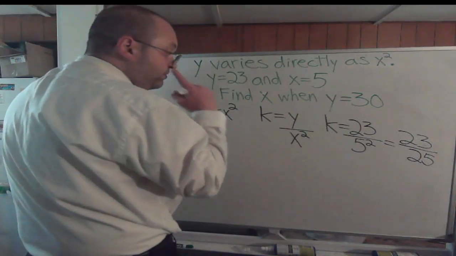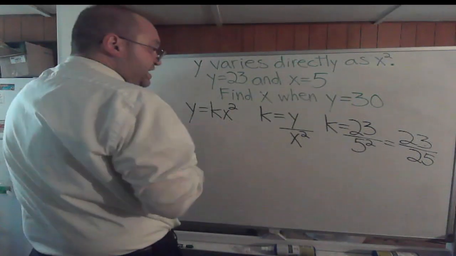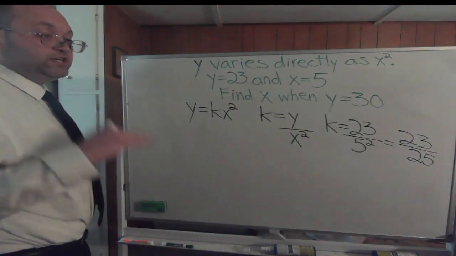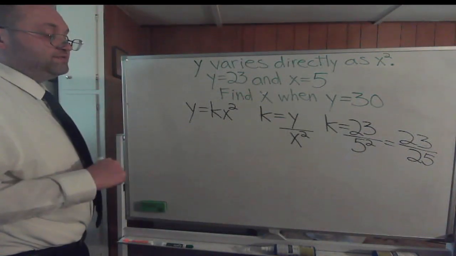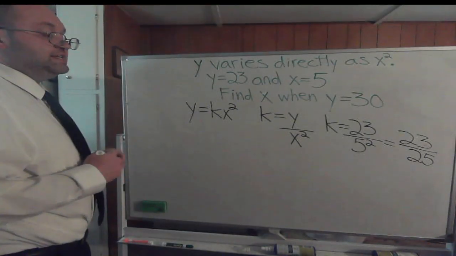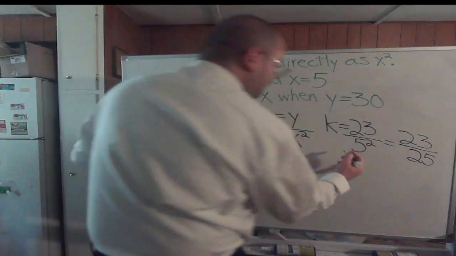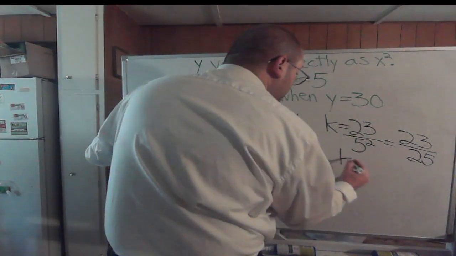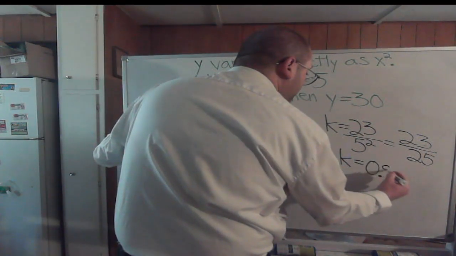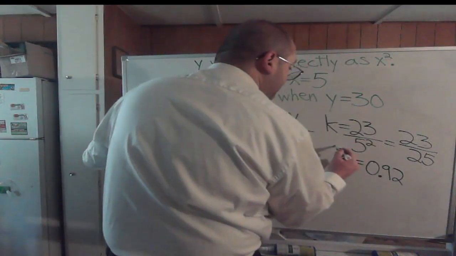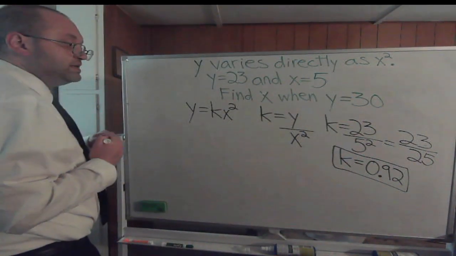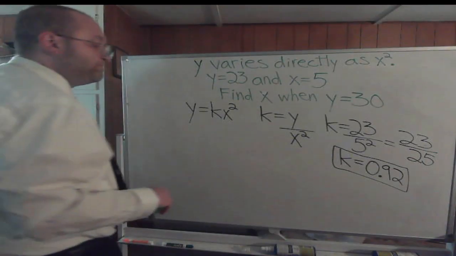So I'm going to suggest from here on out for the rest of this lesson we do decimals. There's going to be a reason for that. 23/25 as a decimal is 0.92. So your constant of variation is going to be 0.92.